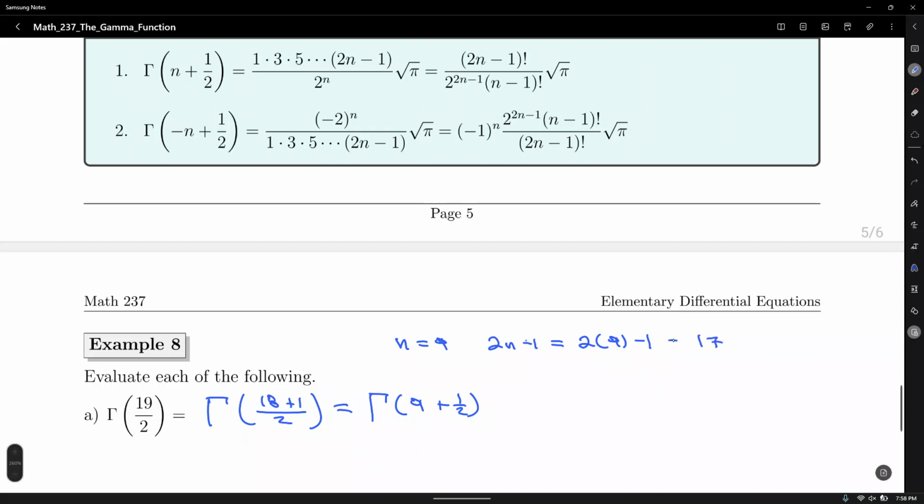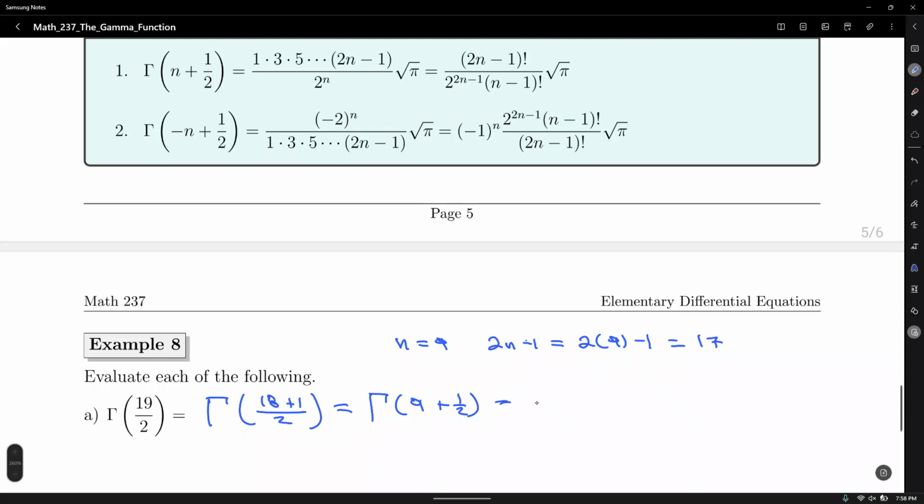Why are we computing the 2n minus 1 quantity? Because this is going to tell us how many integers we are going to multiply. We're going to multiply not all the integers, but all the odd integers, 1, 3, 5, 7, 9, all the way up to 17.